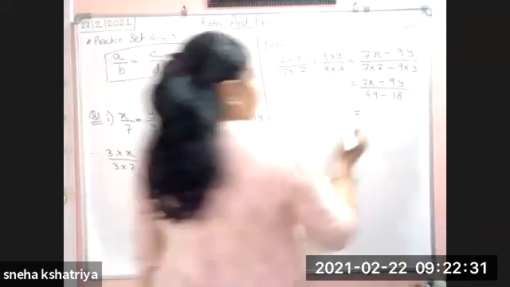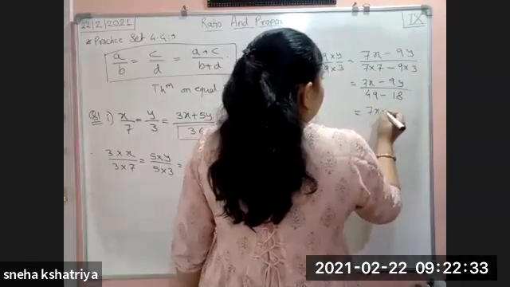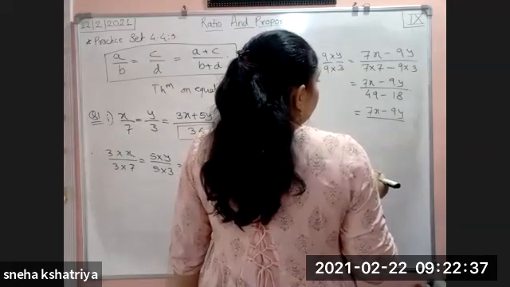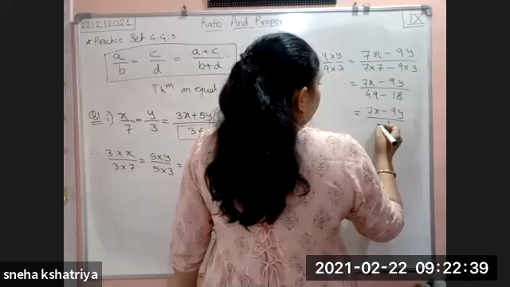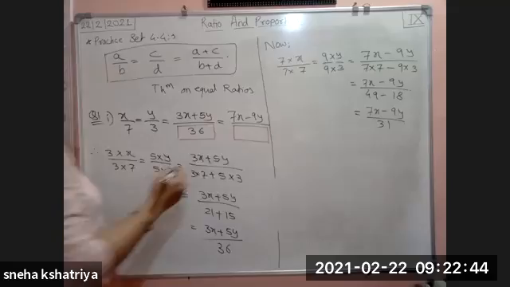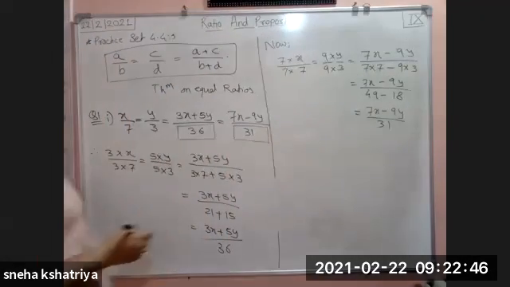So what we get? At the denominator we get value 31. So here you have to put the value 30.